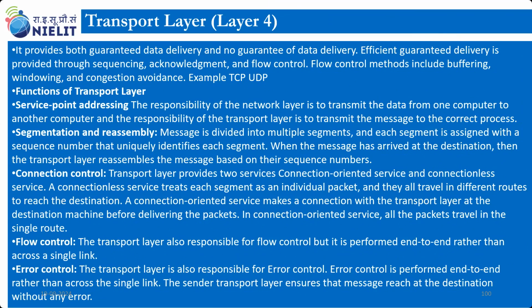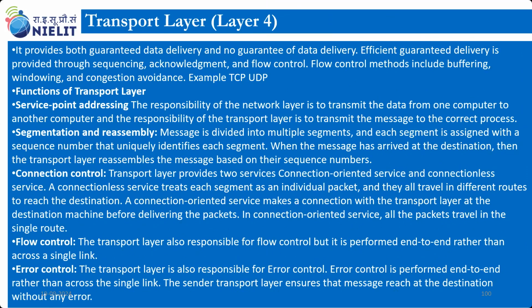Segmentation and reassembly. The transport layer provides segmentation of data, and when data is segmented, it needs to be reassembled at the recipient end. This segmentation and reassembly is done by the transport layer. Say we are trying to download a 1 gigabyte movie from some website.